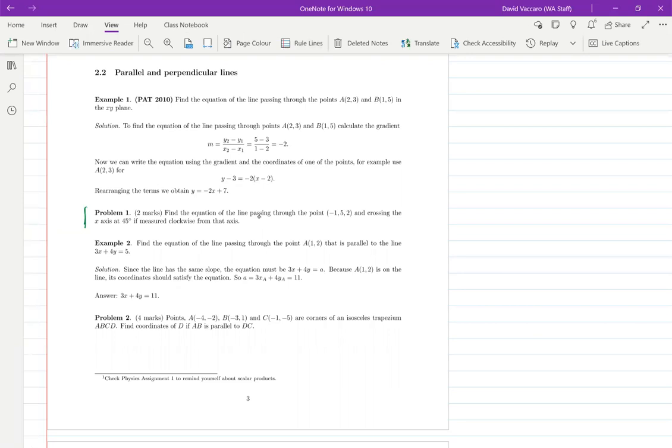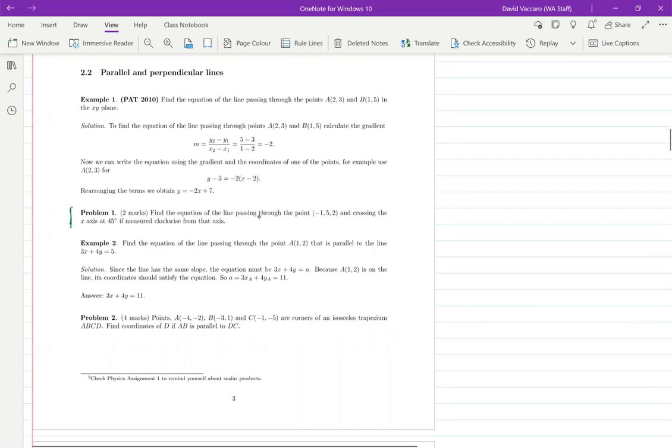It says, find the equation of the line passing through the point (1, 5, 2) and crossing the x-axis. That's strange that there's a triple. I suspect that's not meant to be 3 dimensions. It says crossing the x-axis at 45 degrees if measured clockwise from that axis.